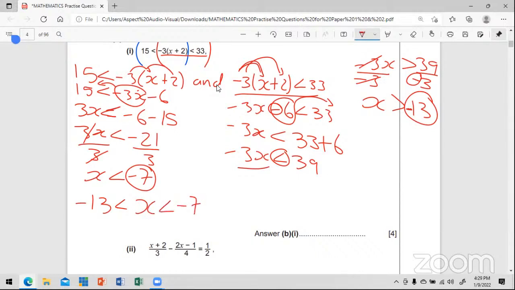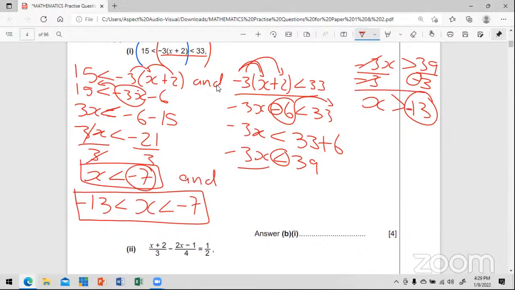That is the answer. Okay, so you just need to combine those two. But I do not believe you are going to be penalized if you give this as your solution. But all you need to do is to combine the two by the greatest and the smallest.